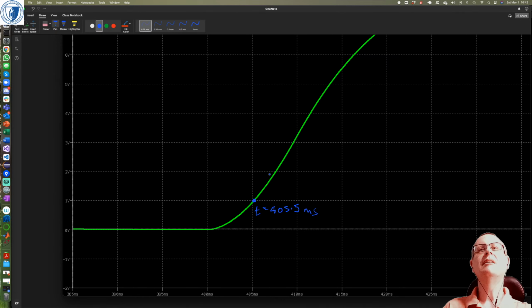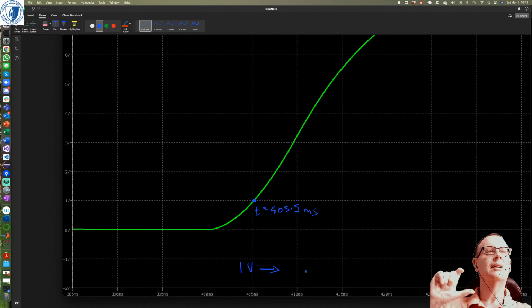And then we want to see how long it takes to go from 1 volt to what's it going to be? The maximum value it's going to get to is 10 volts, because that's the voltage we put on there. So it's going to go from 1 volt up to 10 volts, and we want to multiply that by, I've forgotten the number, 63.2%, 0.632.